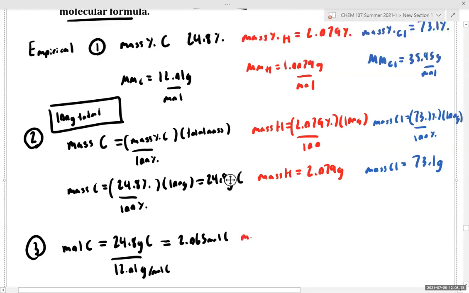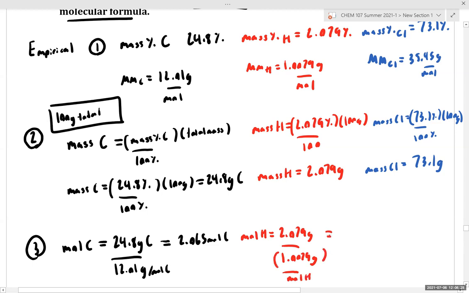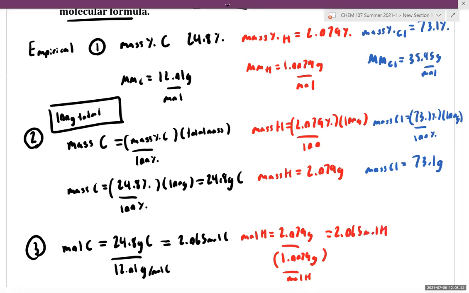Okay, we can repeat the same process for hydrogen. So punching this into our calculator, we get 2.065 moles of hydrogen.